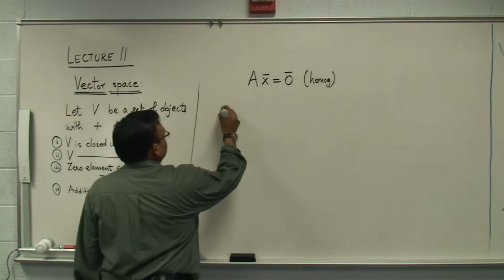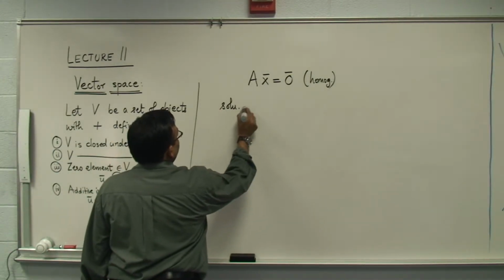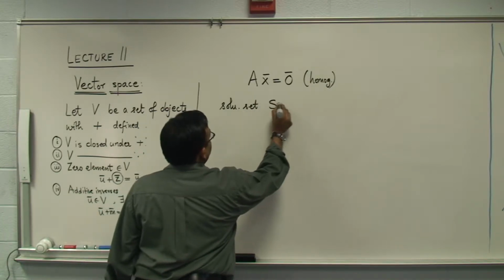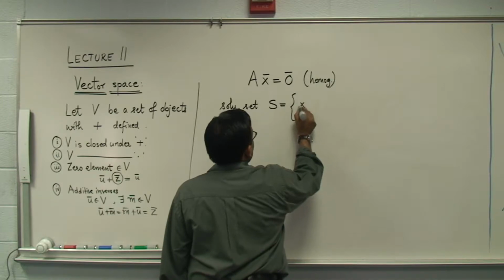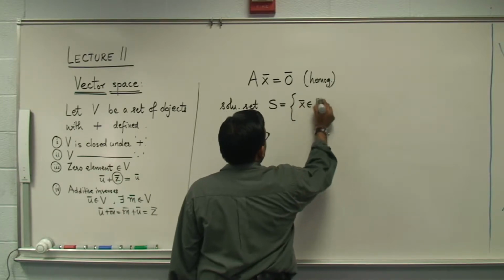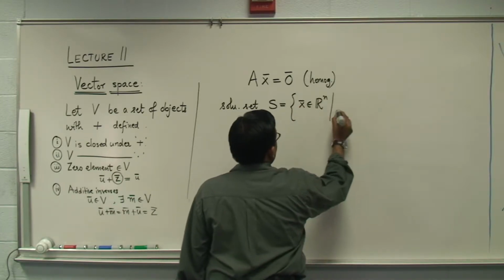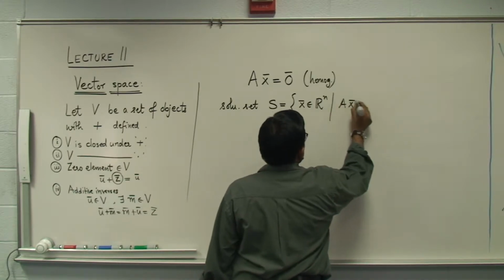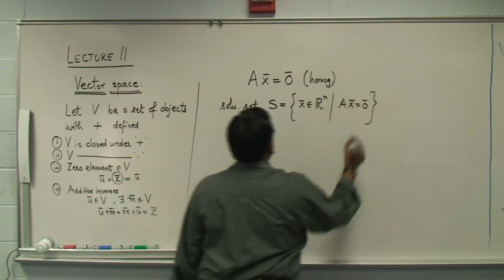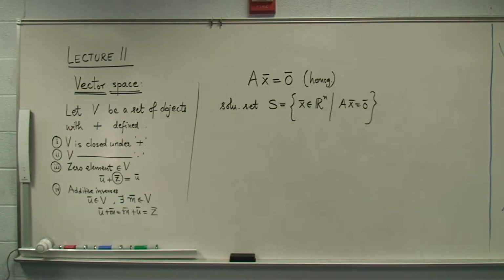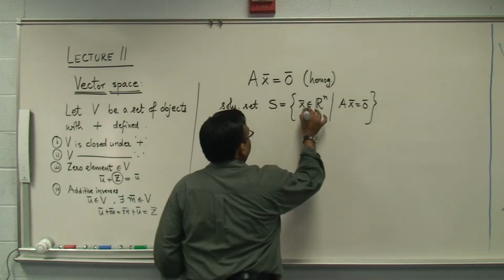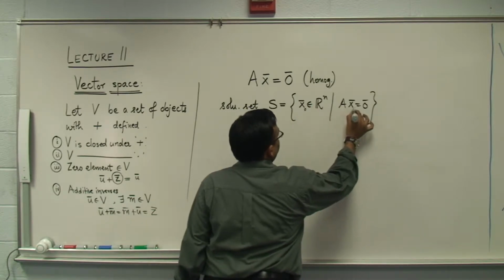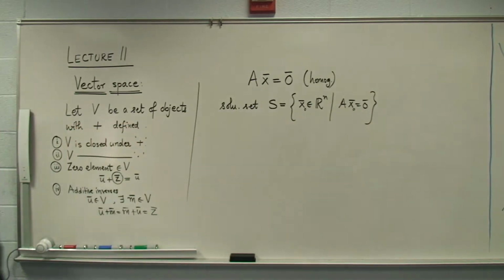Then we talked about the solution set of this homogeneous system. So let me call the solution set S, to be all those vectors in Rn such that Ax is 0. So basically the solution set of this homogeneous equation, all the solutions of this system.